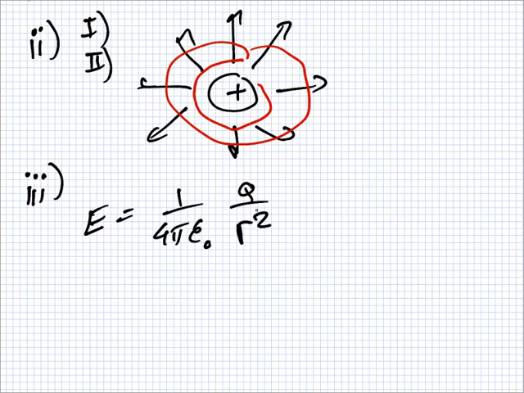Q is 4 microcoulombs and the radius is 5 centimeters. So I get 14.38 meganewtons per coulomb, which is correct.